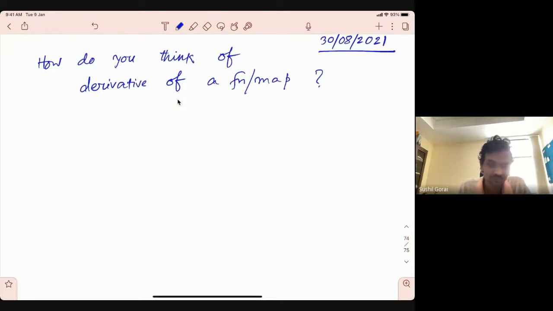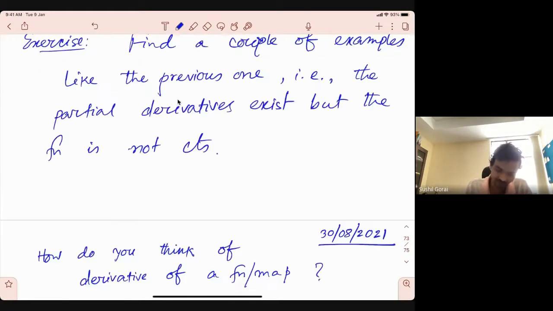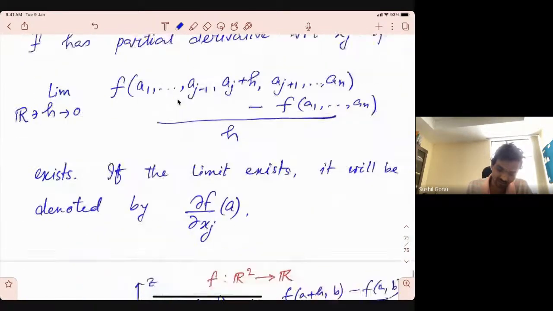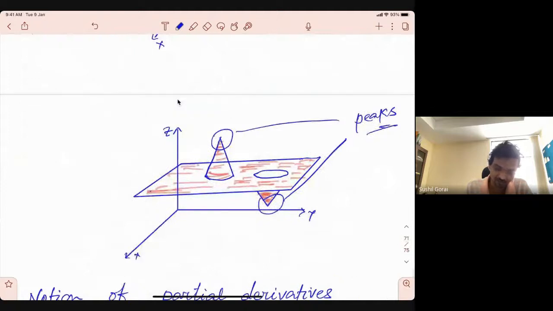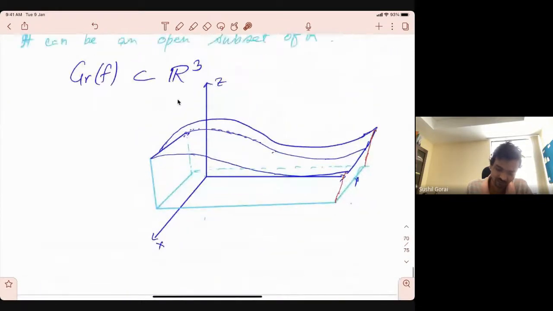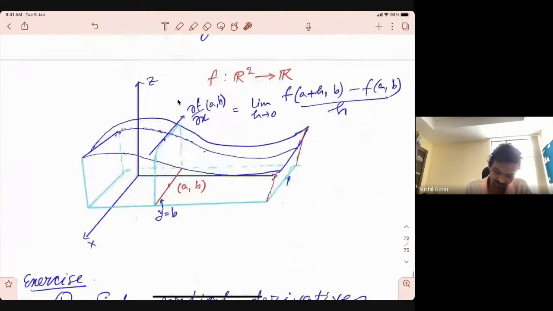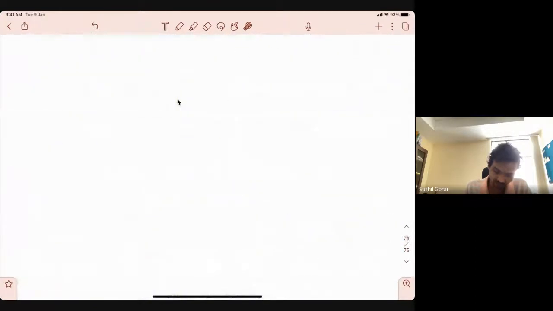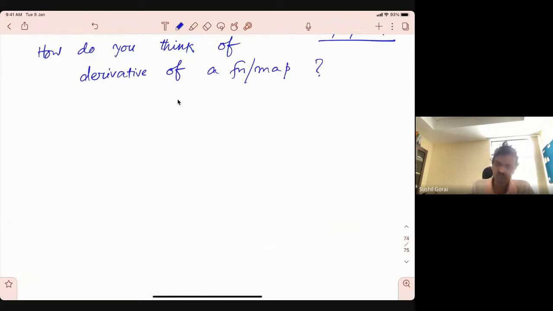Last time, as we said, the peaks correspond to a non-differentiable function, and when there is no peak, we say it is differentiable. Now we are looking at the derivative actually. So f from R to R. Case 1: in the beginning, we should look at what happens from R to R.